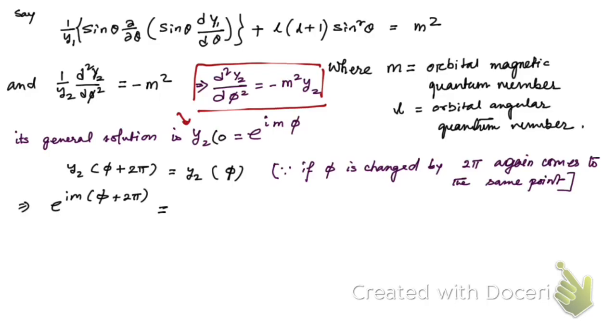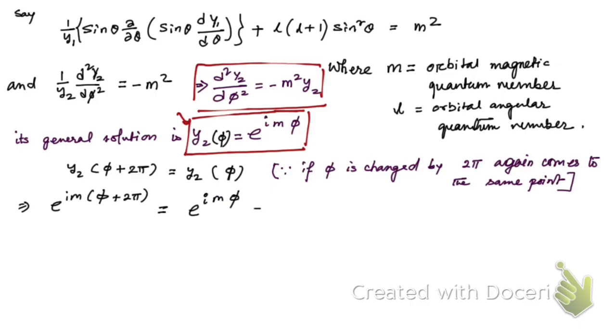We have got this, because y2 is a function of phi. When it is a function of phi, we get e to the power i m phi, and for y2 we write y2 of phi plus 2 pi. For y2 of this, this phi should be replaced by this. That's it. Hope you have understood this. So that's why on the other side we have got this.